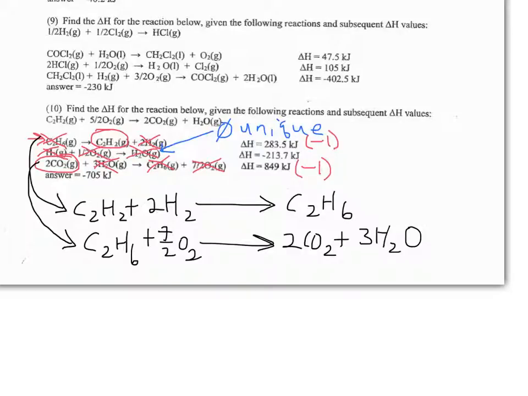Once we've actually carried out the operation on the reactions, we need to add these reactions together. So on the reactant side, actually right away I can see that I'm going to have C2H6 on the reactant side and C2H6 on the product side. So let's go ahead and get rid of that right now.